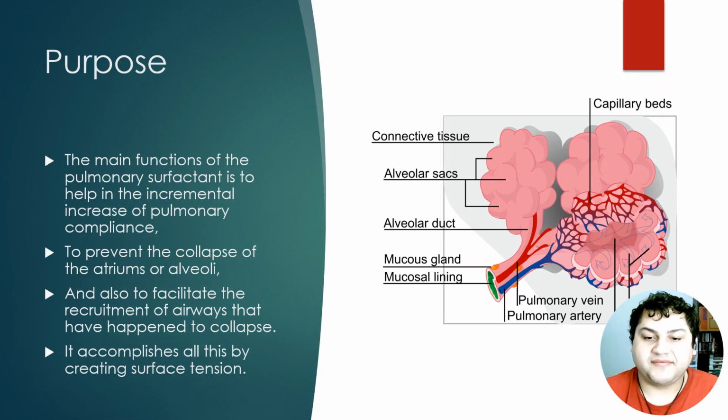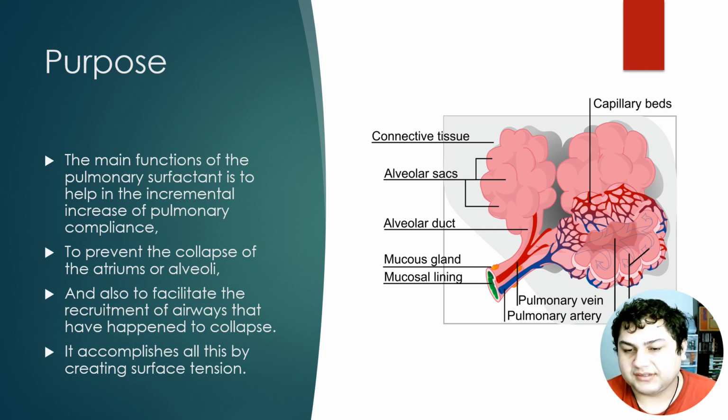So the main functions of the pulmonary surfactant are to help in the incremental increase in pulmonary compliance, as in the proper breathing modes of the lungs, and to prevent the collapse of the alveoli.